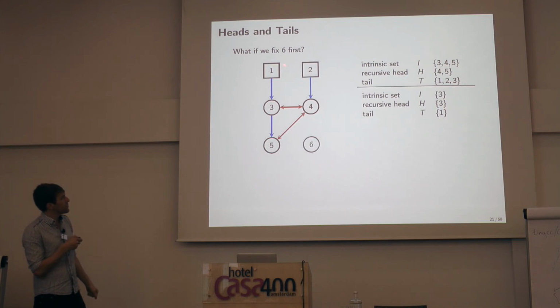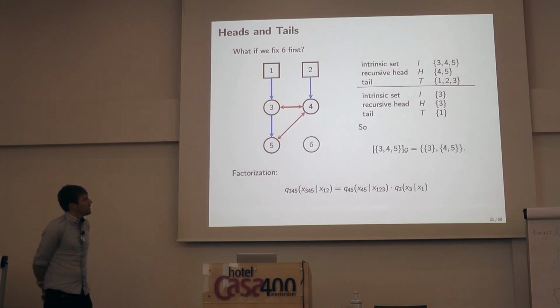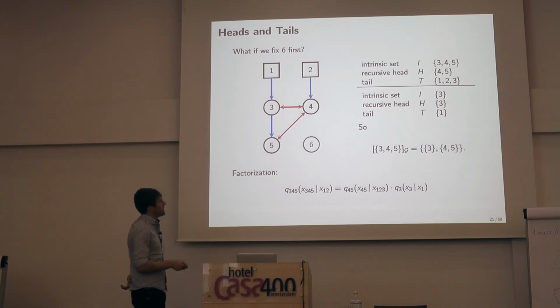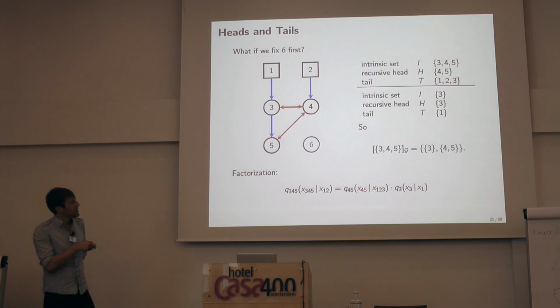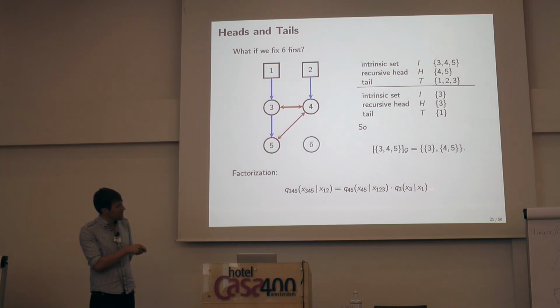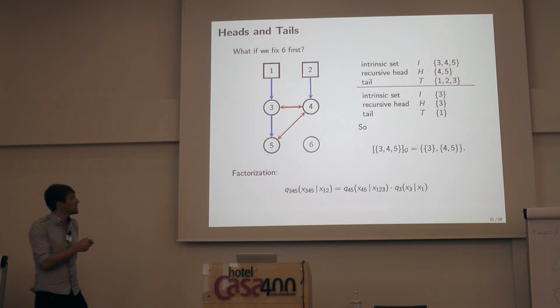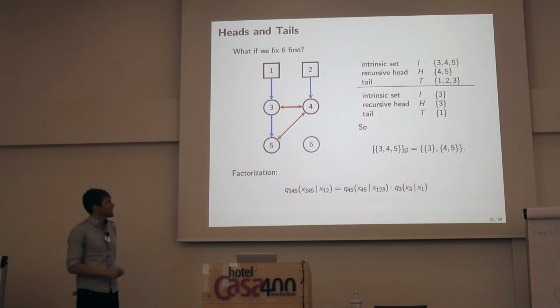And the tail is just 1, because 2 is not a parent of 3. So the partition I get for 3, 4, 5 is this one. And this tells me that the distribution over this graph should factorize in this way. So I end up with a term here where the tail set doesn't depend on 2. And that's a non-trivial constraint, that's because there's no arrow in it. Obviously I could do the same thing by removing 5 instead of 6 and so on.